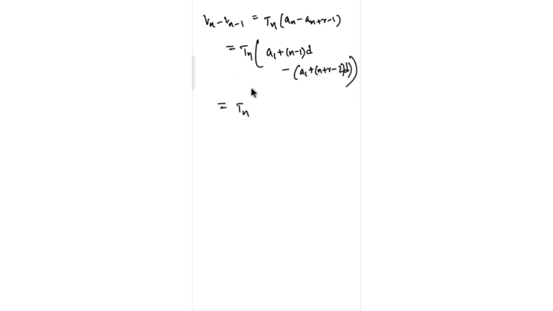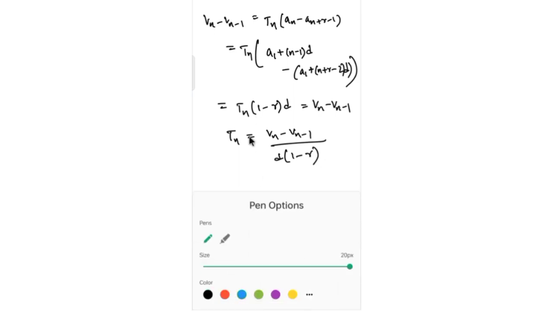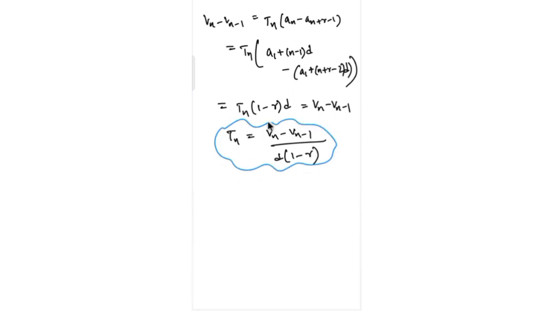So basically this is equal to Tn of 1 minus r into d, which is equal to Vn minus 1. So we get the value of Tn to be Vn minus 1 divided by d of 1 minus r. So this is the value of Tn that we are going to get.